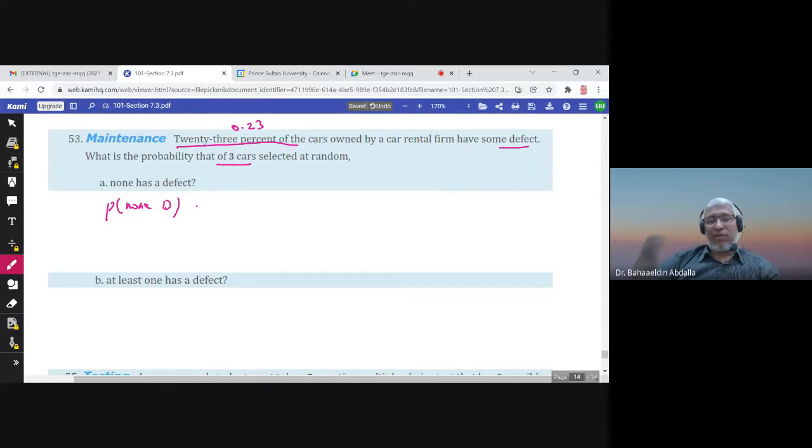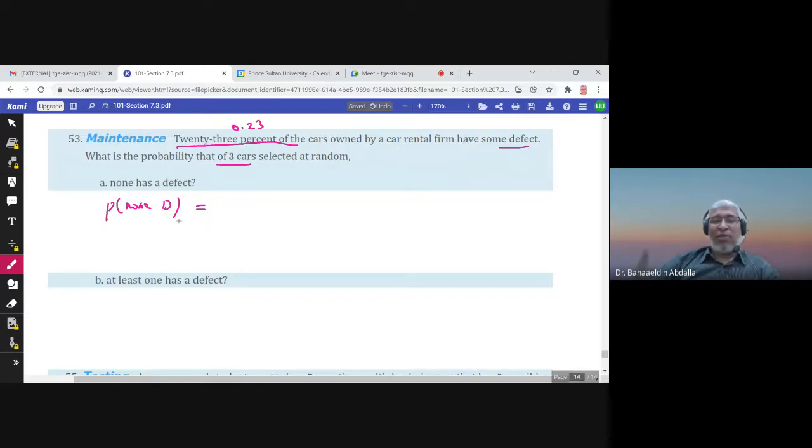It is the probability that the first is non-defect and the second non-defect and the third non-defect, and since we are selecting at random, it's independent: the first selection being defect or not will not affect the second selection.